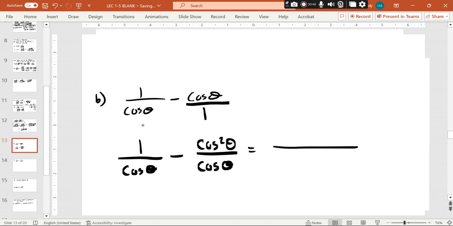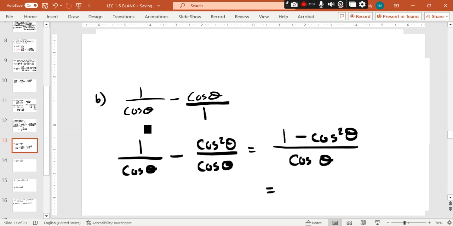Perfect. Let's go from there. My common denominator is cosine, and on top I get this. And again, some people should be saying, Mr. Ngo, I know this. This is something that we've studied before. Okay, can you leave it like this? Technically you can. This will be correct. This will be just fine.